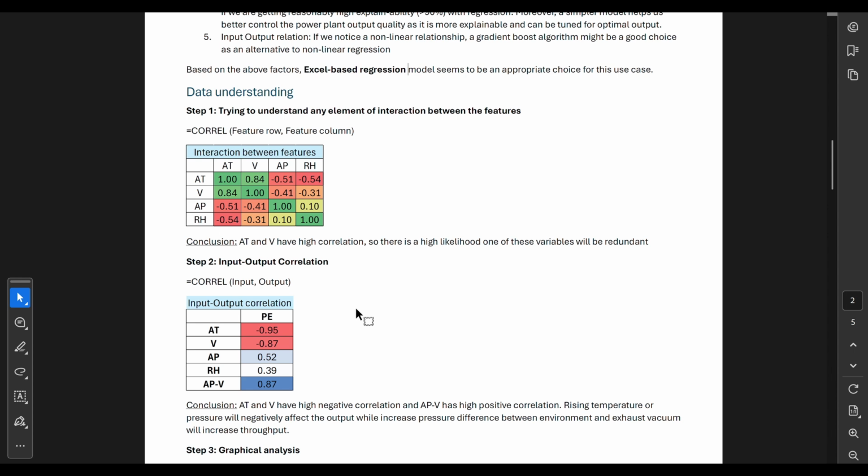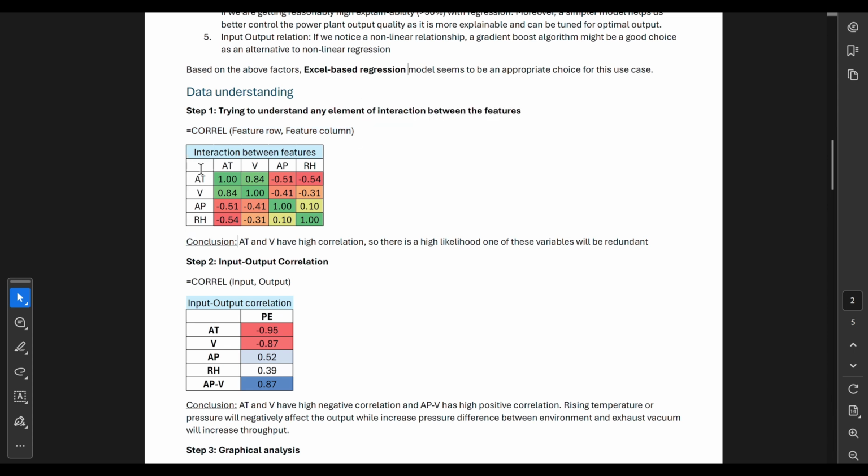What I'm trying to say is, if one of the input features impacts the output as well as another input feature does, then instead of using both of those input features, we can just get rid of one of them to make our model simpler. That's what I'm trying to calculate here with the correlation logic.